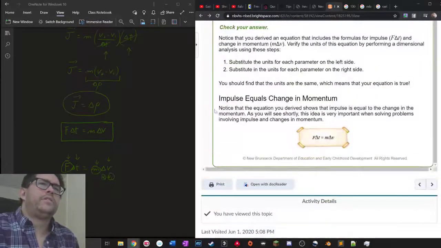They said impulse equals change in momentum. Okay, so physically, if that's the case, then the impulse is the change in momentum.